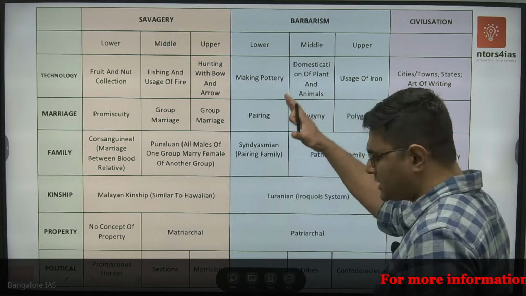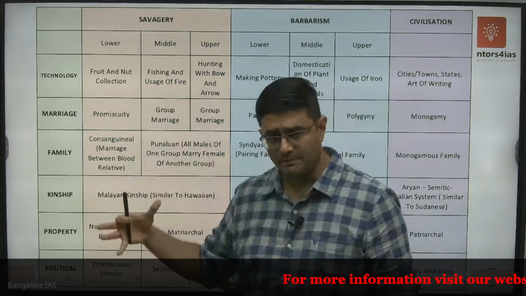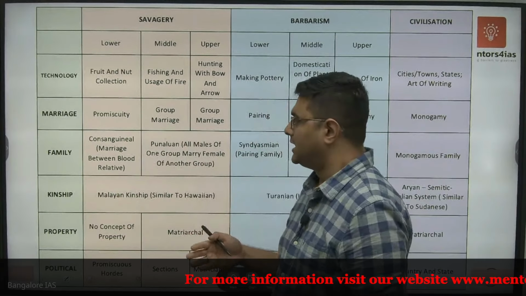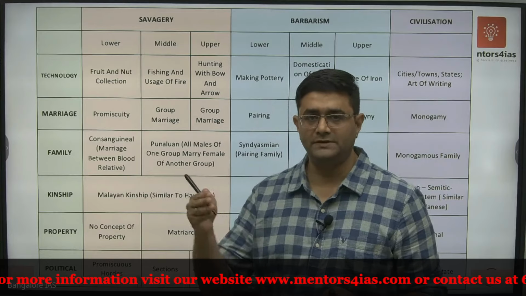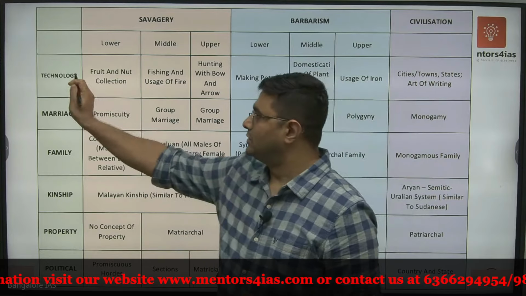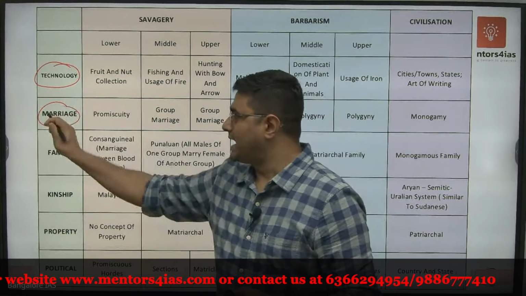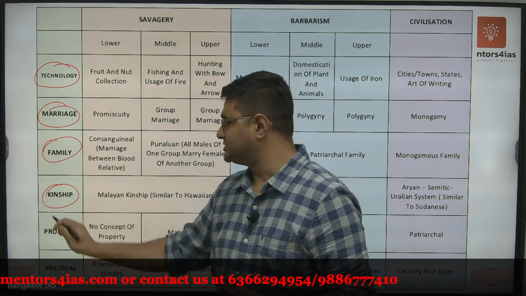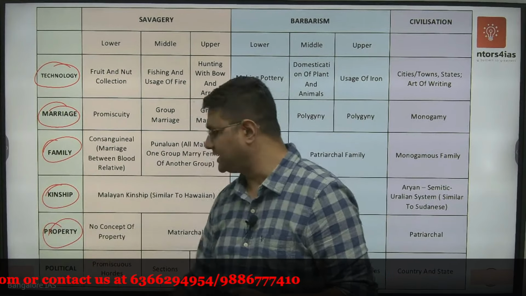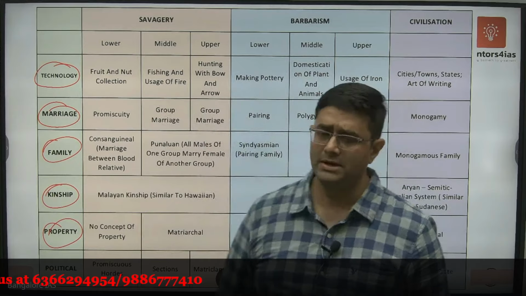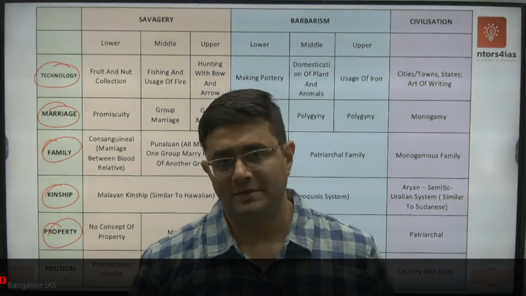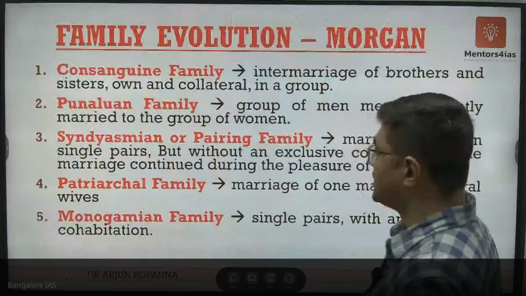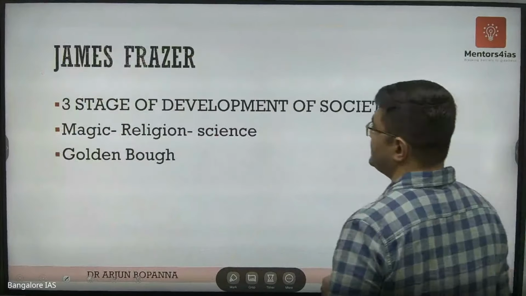Morgan's scheme of evolution is much more complex, where he uses 6 criteria to classify society into savagery, barbarism, and civilization. He used technology, marriage, family, kinship, property, and political system. You need to remember each of these things. These are the factual information that you need to remember from the exam point of view. So that is Morgan for you. This was asked in the previous exam.